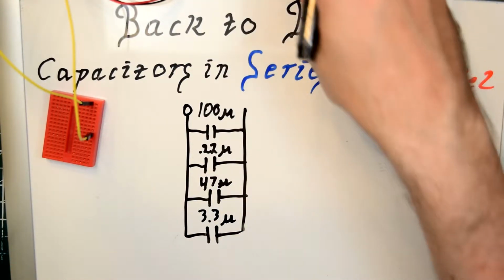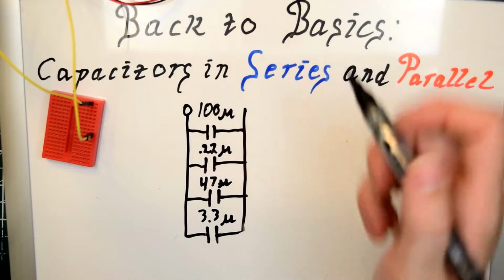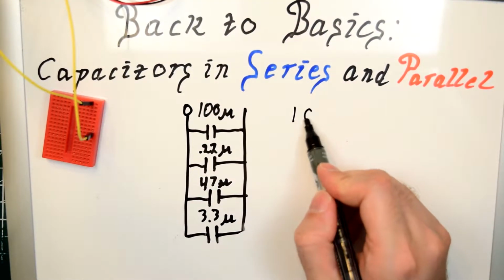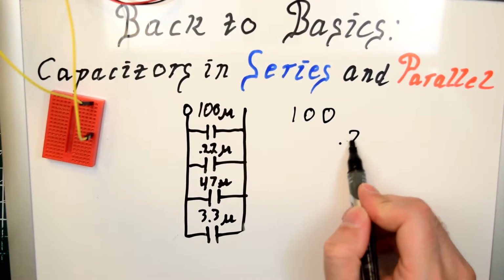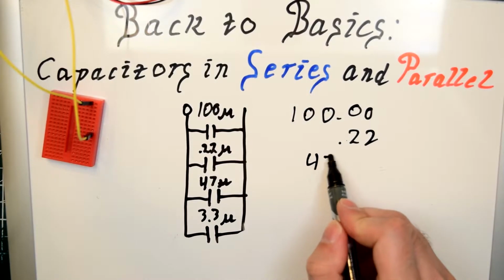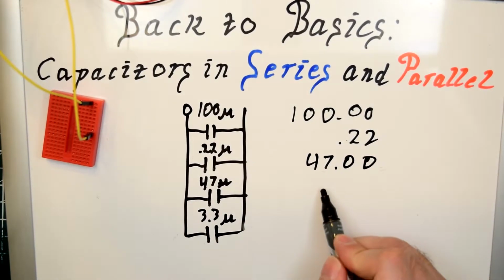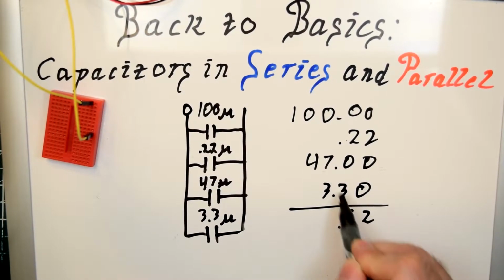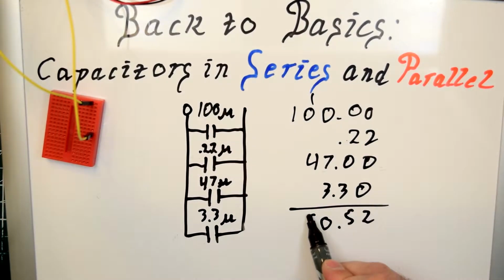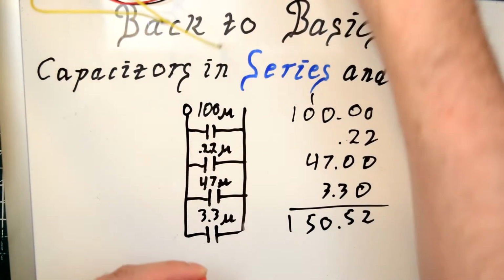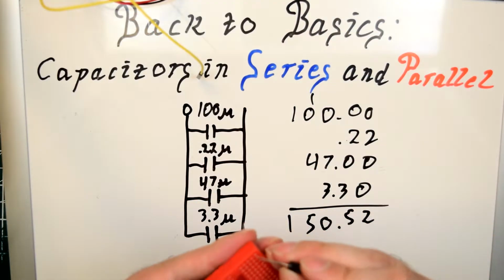Now, in parallel, they all add, which explains the erroneous readings I was getting before. So we've got 100 plus 0.22 plus 47 plus 3.3. 2, 5, 10, 5, 1. So we should come up with about 150.52 microfarads when we put these in parallel. Let's see what happens.